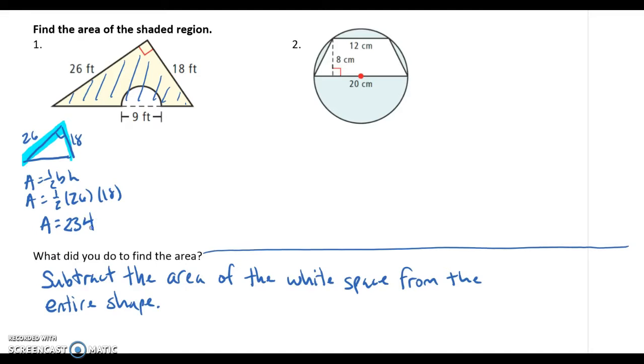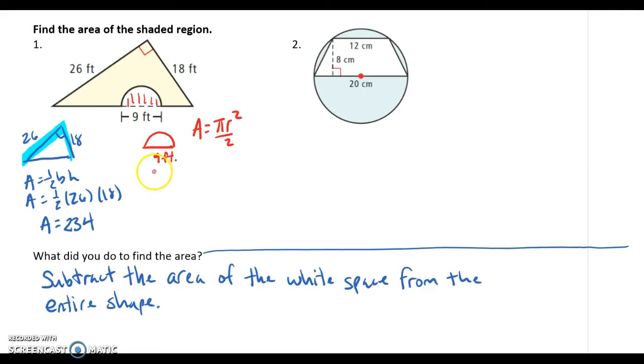Okay? But I want to actually take away that hole because in reality I don't have the whole triangle. So now we want to think, well, what is this shape and how do I find the area of that? Well, that is a half circle like we saw in that first number one. So I'm going to take my area formula for a circle, that pi r squared, I'm going to divide it by 2 because it's a half circle. If it was a whole circle, I would leave it as pi r squared.